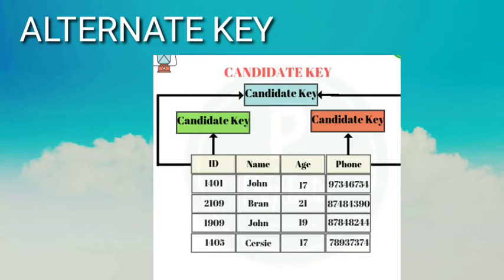Like here in this example, you can see that in the table ID is the candidate key and phone number is also a candidate key. However, if we make ID the primary key, the other field which is left out, the phone number containing the unique record, can be said to be the alternate key.